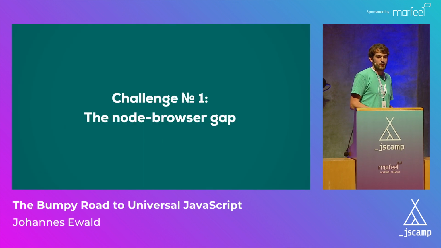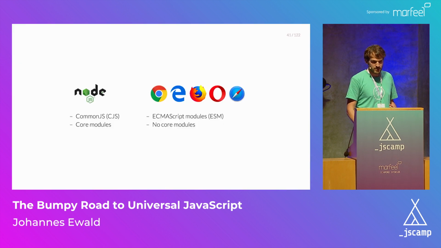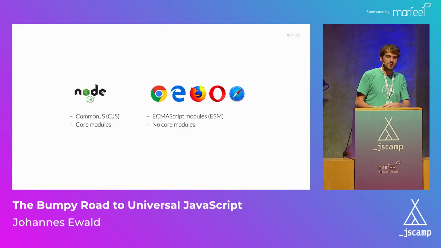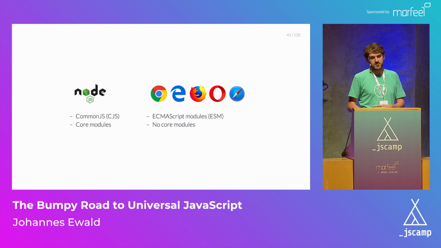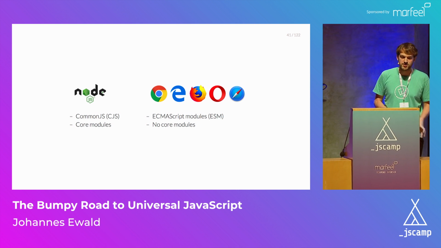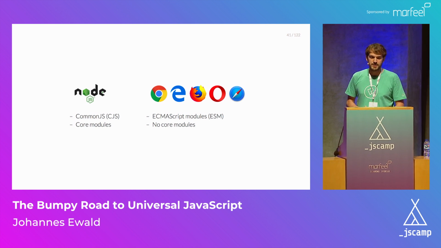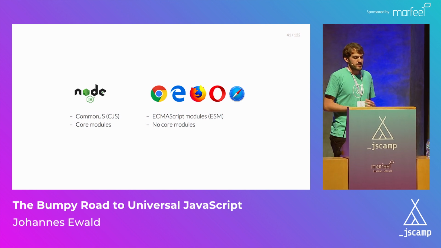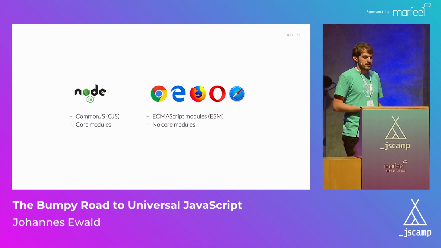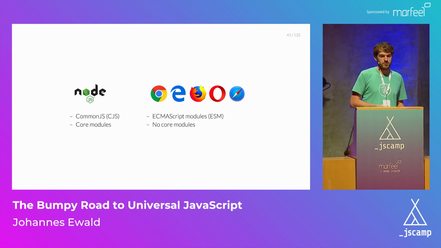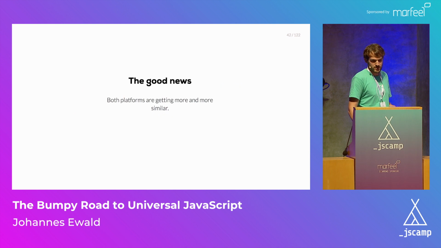So the challenge number one is the Node-browser gap. Because Node.js uses a different module system than browsers do. In Node.js, we have CommonJS, and we also have core modules like the fs module or the http module. And on the browser, we have ECMAScript modules, and we have no core modules. So the good news is both platforms are getting more and more similar.